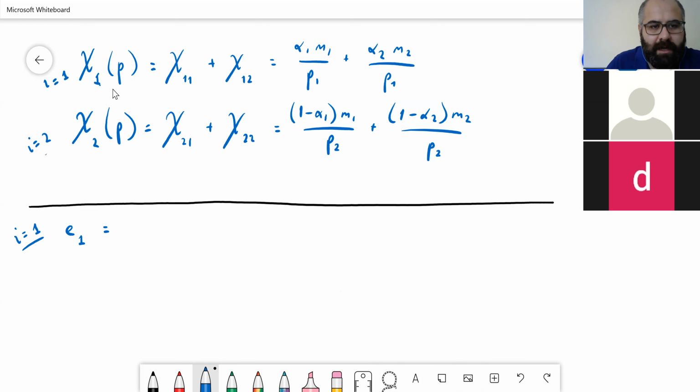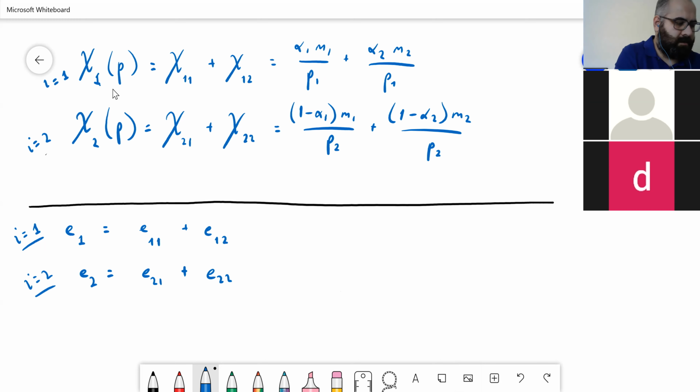So the total supply of the first commodity is E11 plus E12, right? Then for the second commodity, I have E21 plus E22, right? Is that correct? Let me check. E11, E12, E21, E22. Yes. So you should always be careful with the indices.